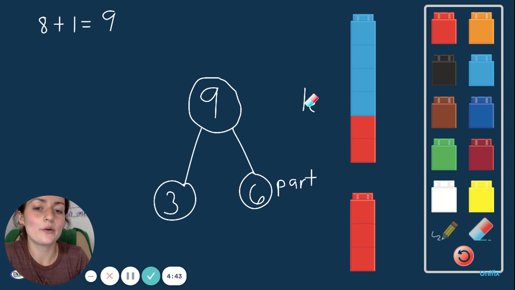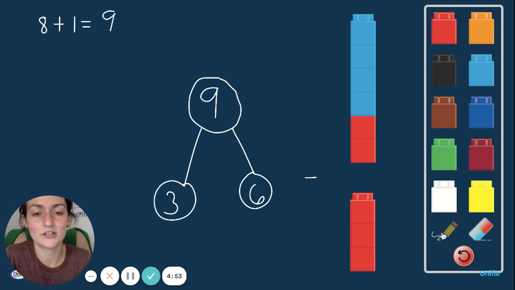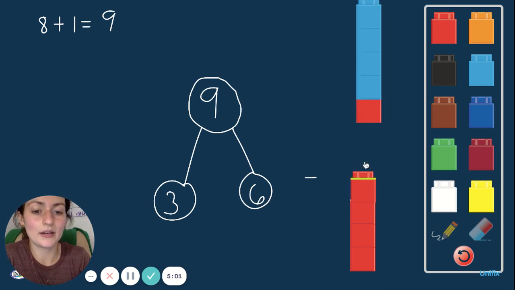I wonder what will happen if we change it so that now we have 1 more in the bottom group. We know that 3 and 6 makes 9. Should we try to see what happens if we do it again? Here we go. Let's see, I'm going to take 1 more. I'm going to put it down here.